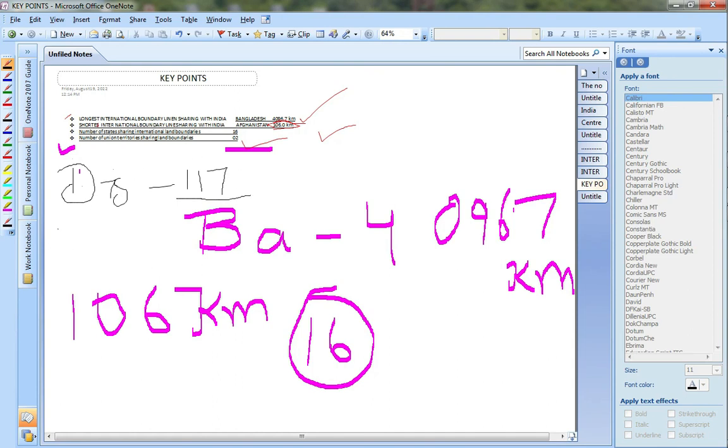How many districts are sharing land boundaries? 117. This is updated. This is the latest point. The number of districts sharing land boundaries with the international neighborhood countries, 117. This is about today's class, dears.